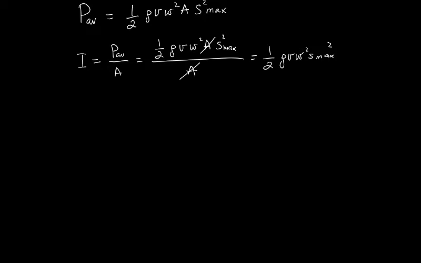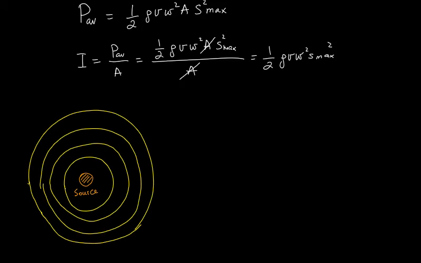Now let's consider the special case of a point source that emits a sound wave equally in all directions. If the air in the surrounding is perfectly uniform, the sound power radiated in all directions is the same.